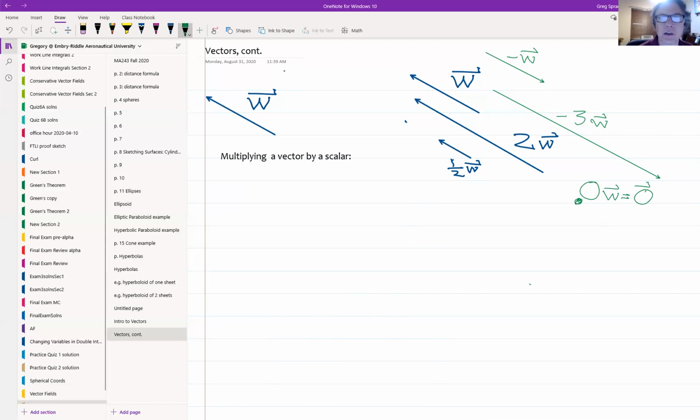Okay. Now, let me try to put this into words. And before I do that, I should say a couple things about length of a vector.